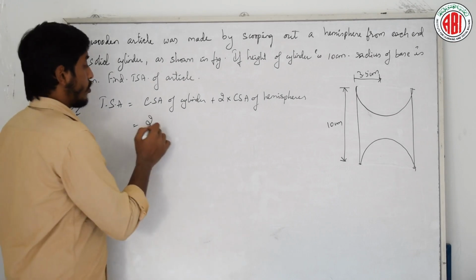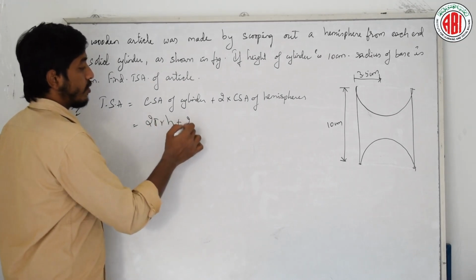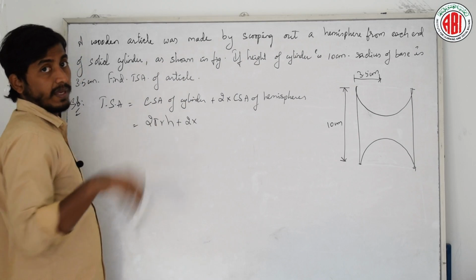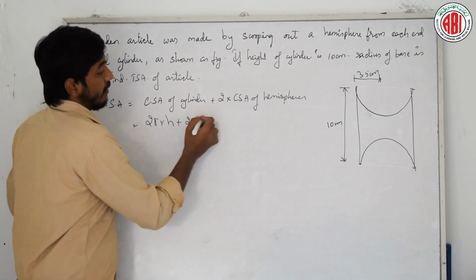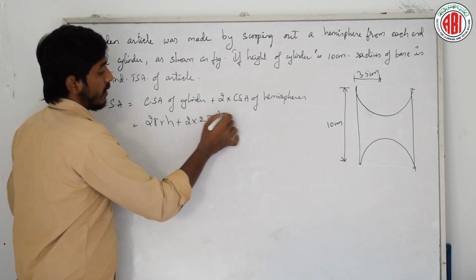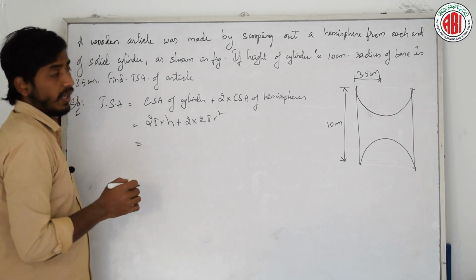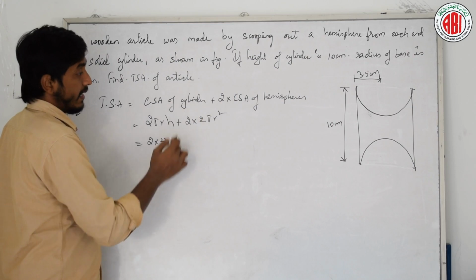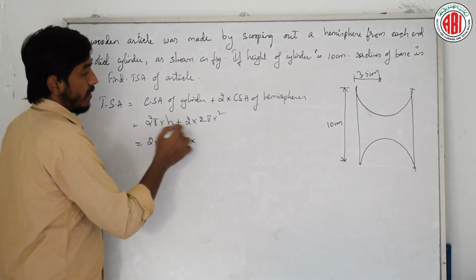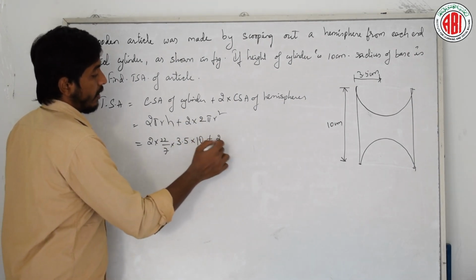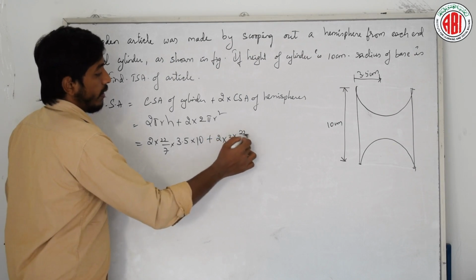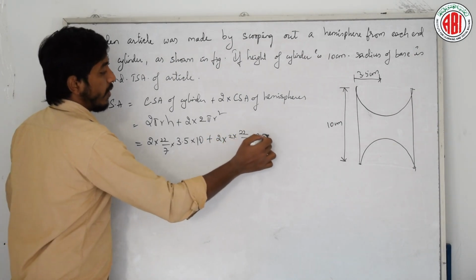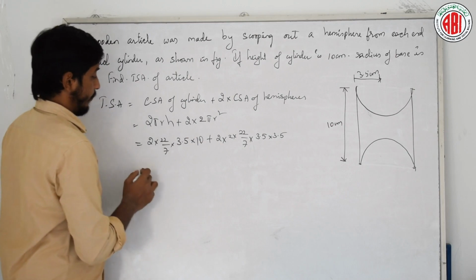That is 2 pi rh plus 2 times CSA of hemisphere, that is 2 pi r square. Okay, just substitute the values. 2 into 22 by 7 into what is the radius? 3.5. What is the height? 10. Again 2 into 22 by 7 into 3.5 into 3.5.